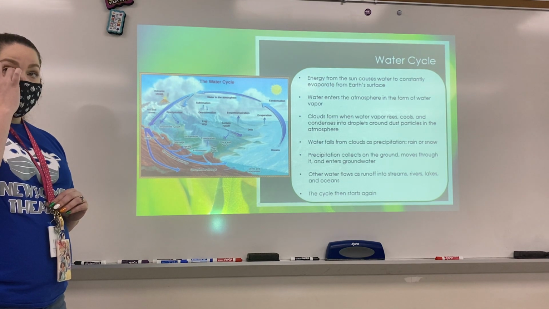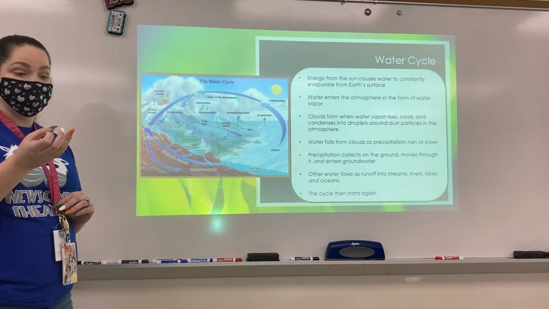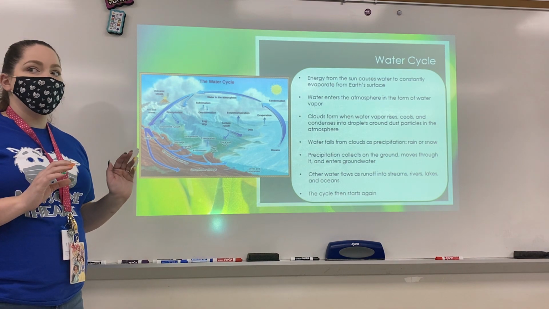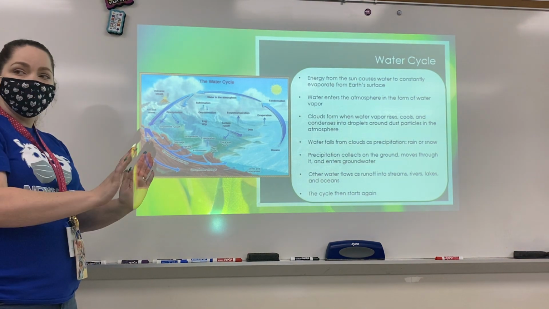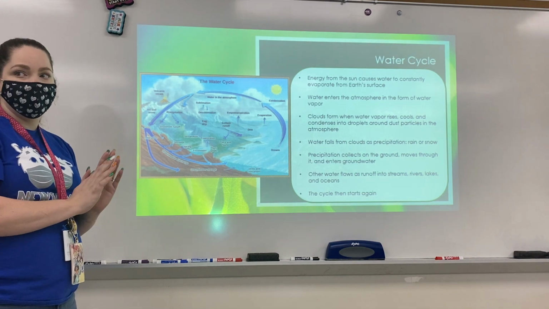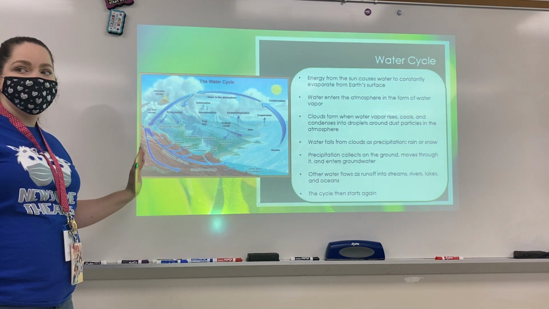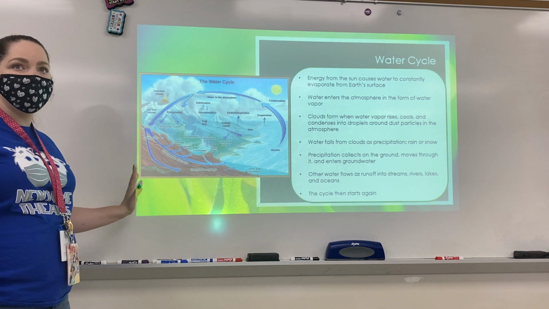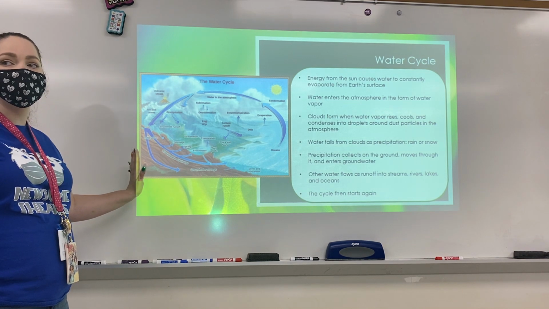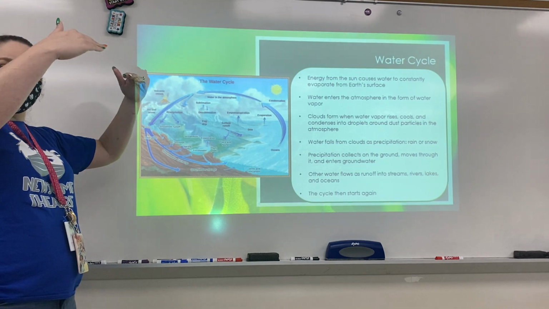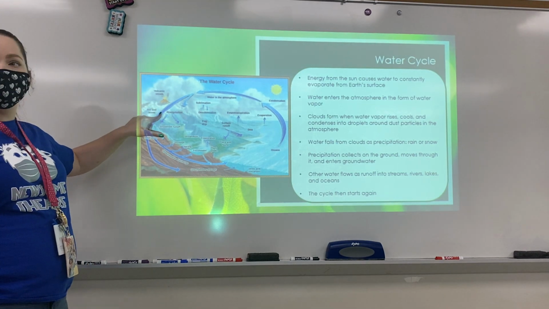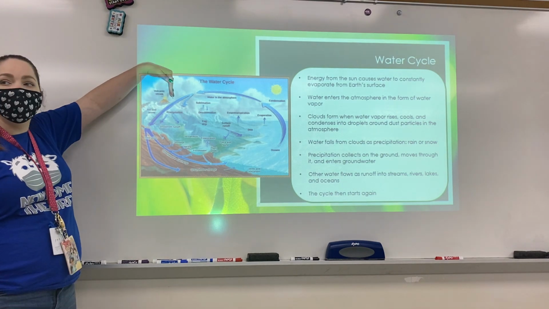So typically what happens where you find deserts is on one side of a mountain. So we have two mountain ranges. Everything in the middle of those mountain ranges is usually a drier area. So the water vapor from the oceans that is evaporating is going to collect in the atmosphere. It's going to travel inward. And then once it meets those mountain ranges, it's going to fall, but it's going to fall on one side.